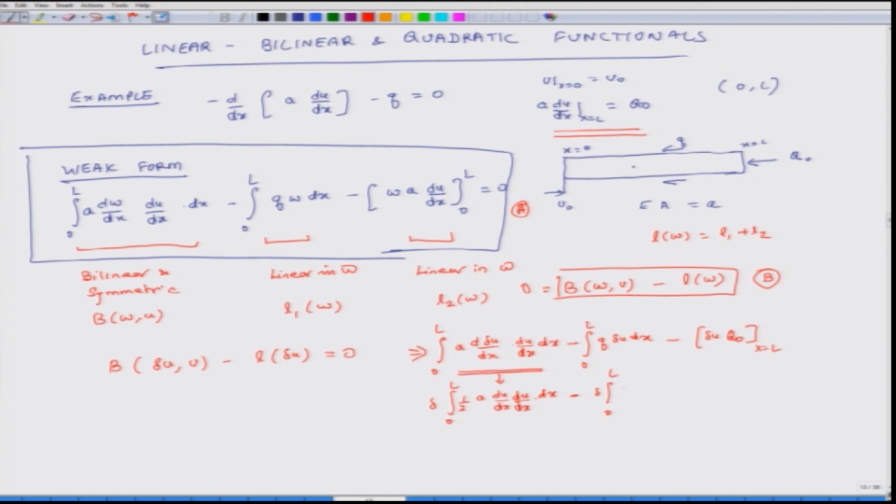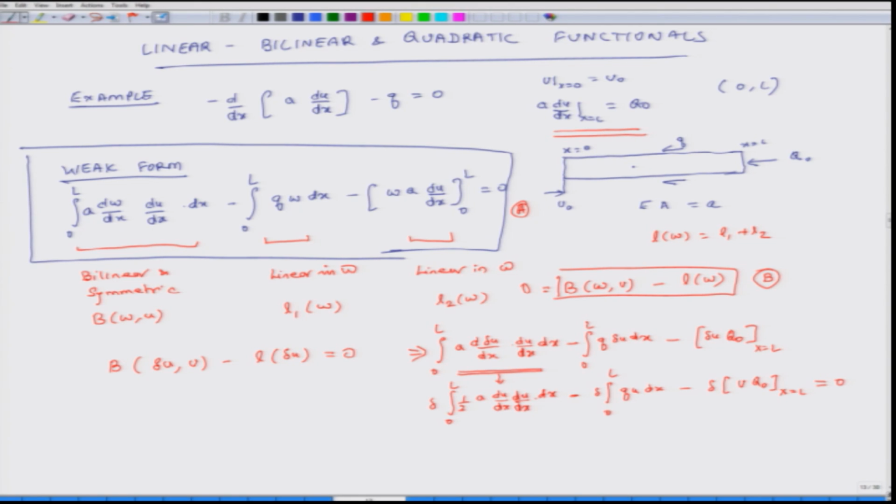So, I can take variation out. So, this becomes q dx, and then this is variation of u times q naught at x is equal to L, and this is equal to 0.